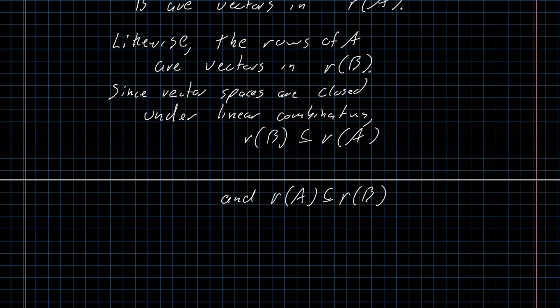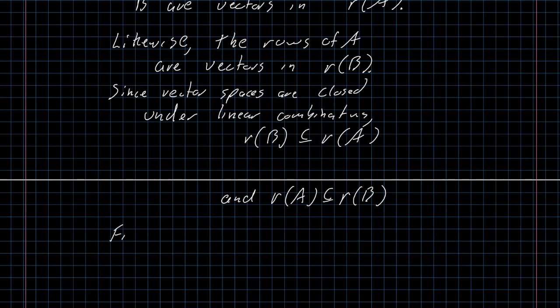But using the fact that the row space of B and the row space of A are spans of sets of vectors, and spans of sets of vectors are closed under linear combinations of vectors in the span, it must be the case that if we have a set of vectors B, the rows of B, that are in the row space of A, then the span of those vectors, the row space of B, is all in the row space of A, and we can do the same argument in the other order.